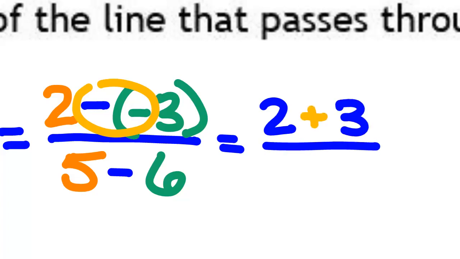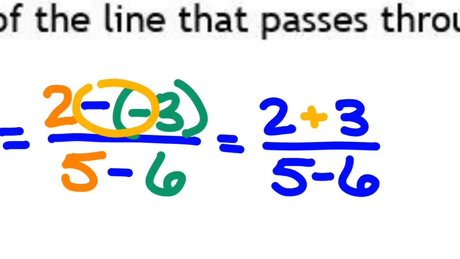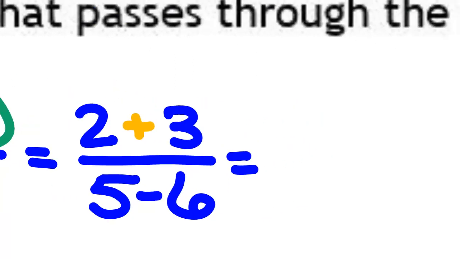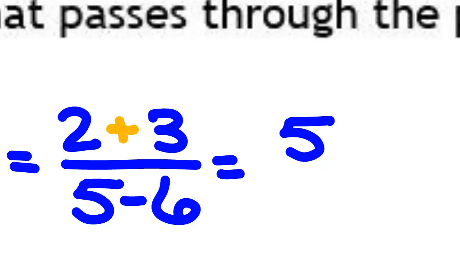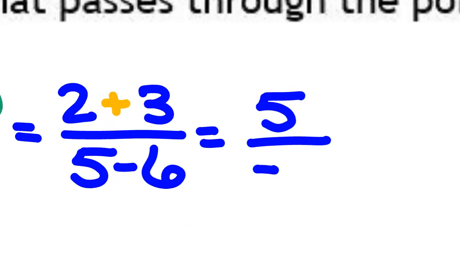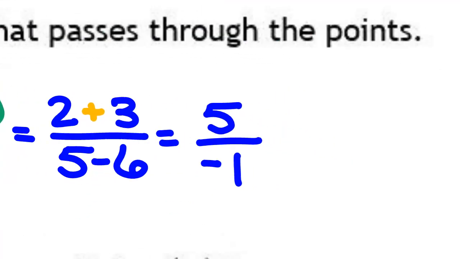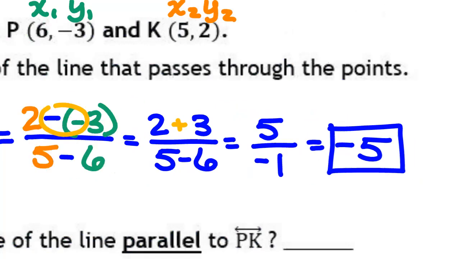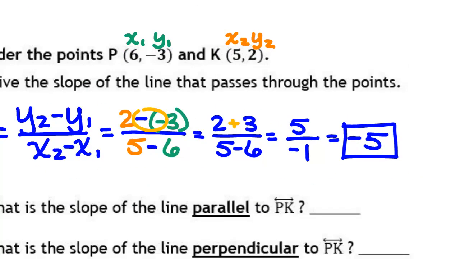And down in the denominator, I still have 5 minus 6. What is 2 plus 3? 5. What is 5 minus 6? Negative 1. Can I simplify that at all? I think I can. Negative 5. I don't have to write it as a fraction when my denominator is a 1 or a negative 1. We can write it as a whole number.